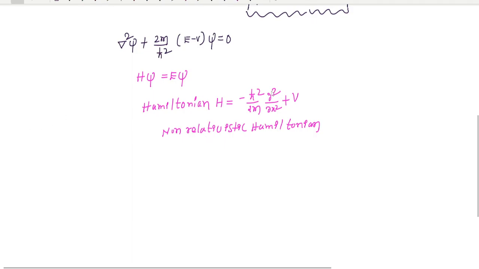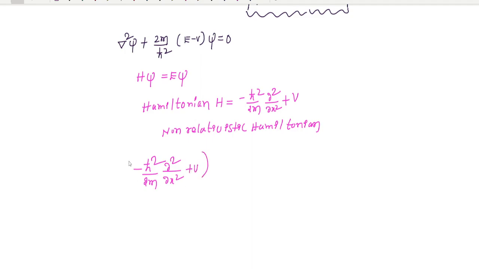Just enter the Hamiltonian I am using here, and afterwards you will understand easily. H cross square divided by 2m dou square divided by dou x square plus V acting on the function psi, right? Replace the energy operator with i h cross dou by dou t, the derivative with respect to time.